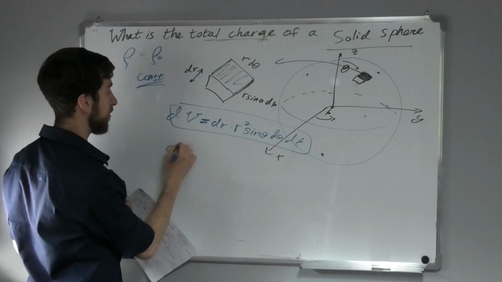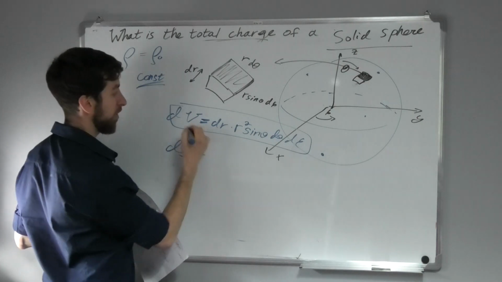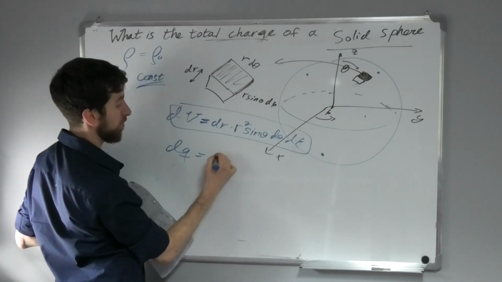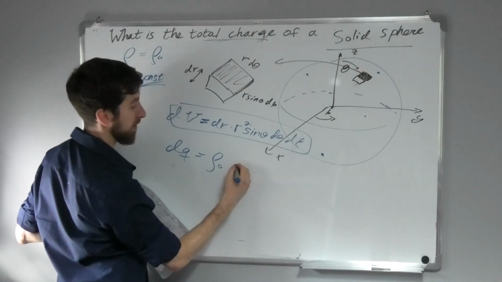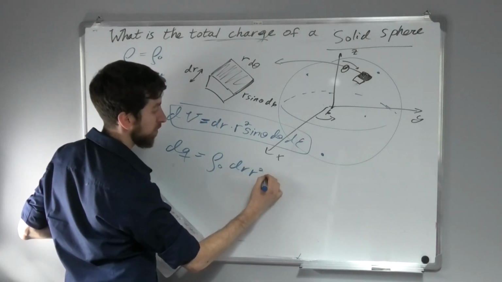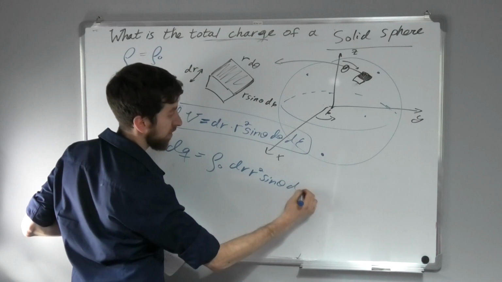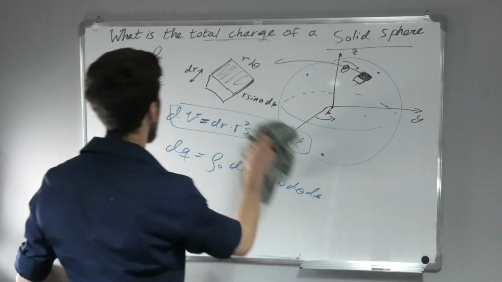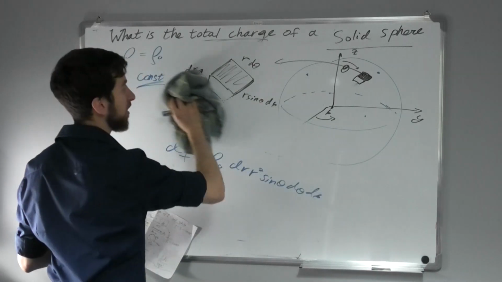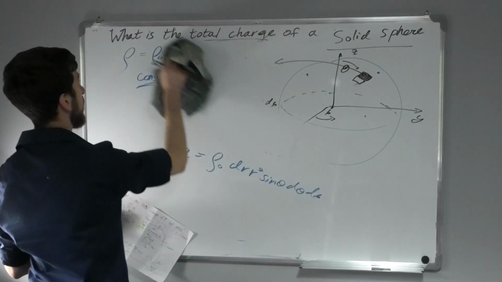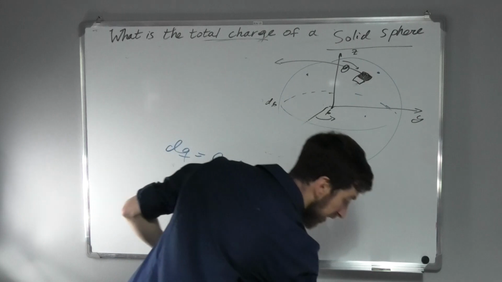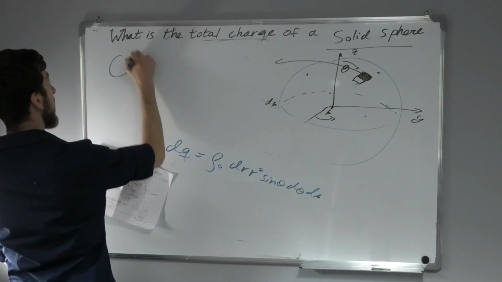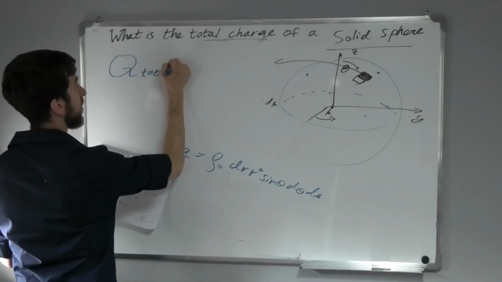If I want dq, what I need to do? Multiply rho 0 by this: dr, r squared sin theta, d theta, d phi. Okay, perfect. So let's clean this part. And now, what we really want is the total charge. And something really interesting happened here. Look.